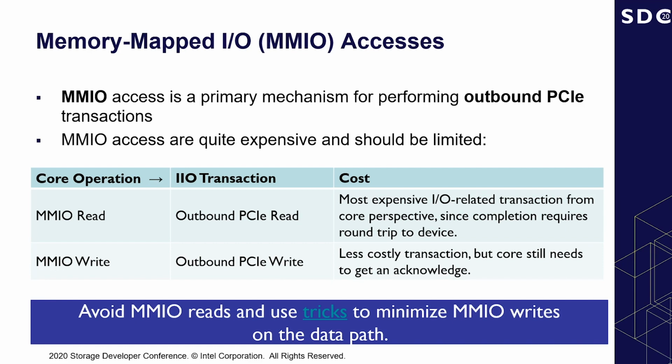These are our memory mapped IO accesses, which is the primary mechanism for performing these outbound PCI Express transactions. The thing to remember is that these MMIO accesses are quite expensive and we want to limit them. Out of the two, the reads are the most expensive because we have a full round-trip latency to that device. Writes are also expensive, but not quite as expensive, and so we want to minimize as many of those as we can.